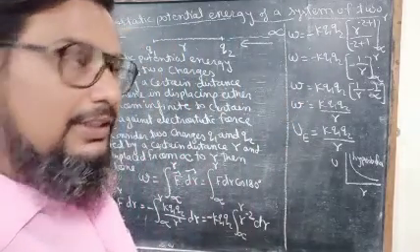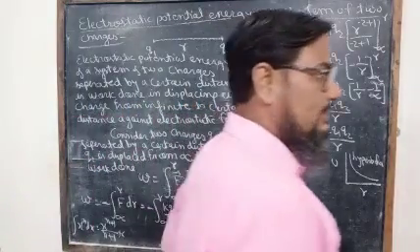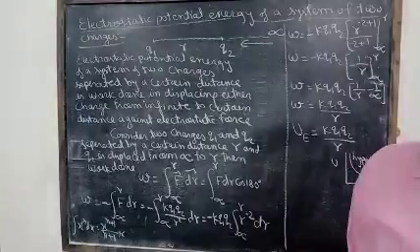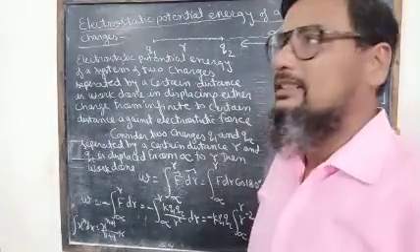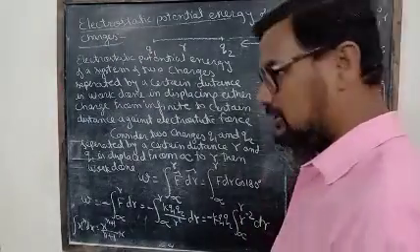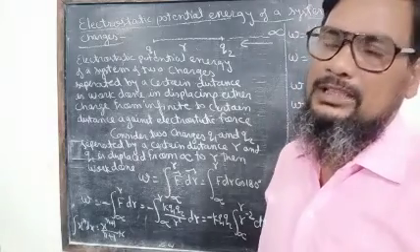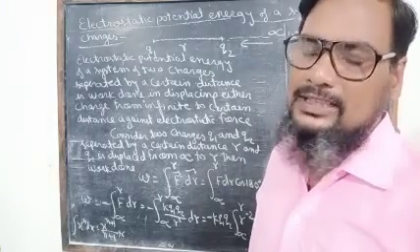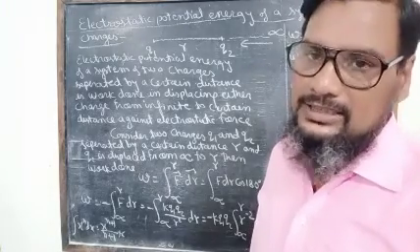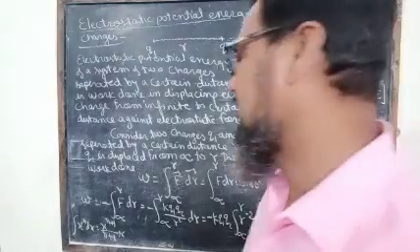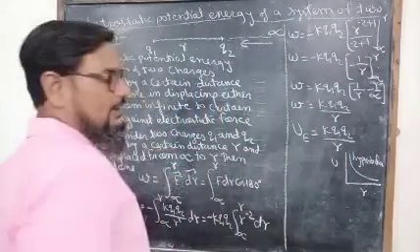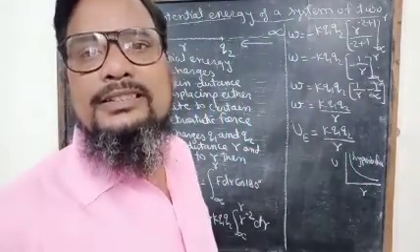And in a system of two charges, if both charges are positive or both are negative, then the potential energy will be positive. And if one charge is positive and the other one is negative, then the potential energy of the charges will be negative.